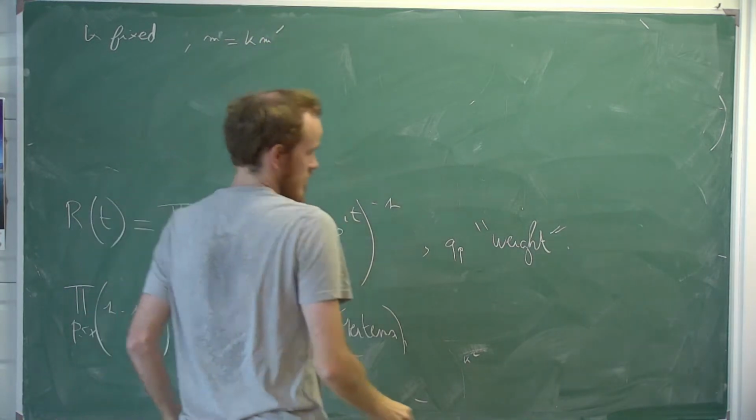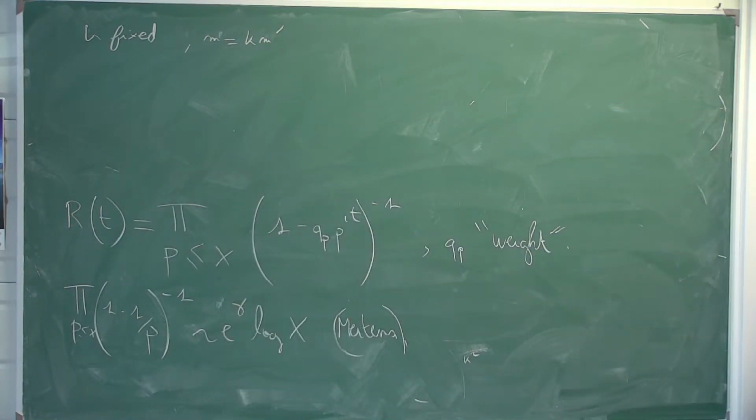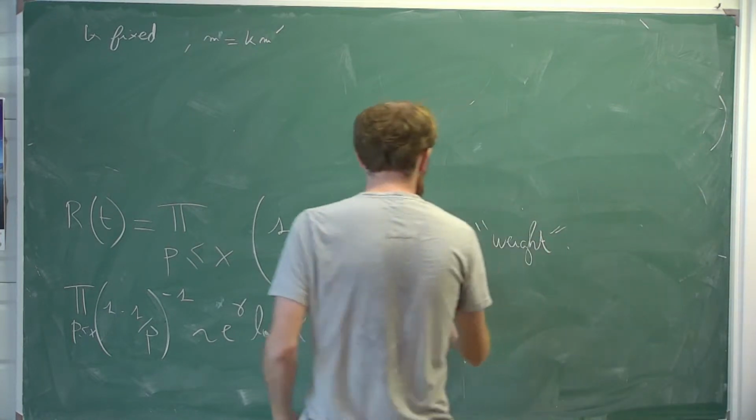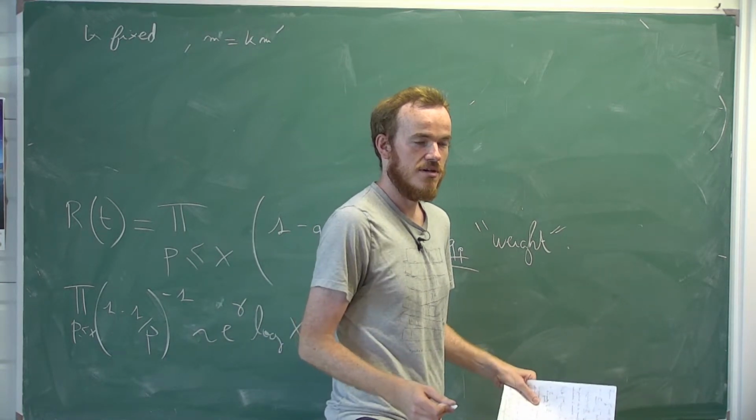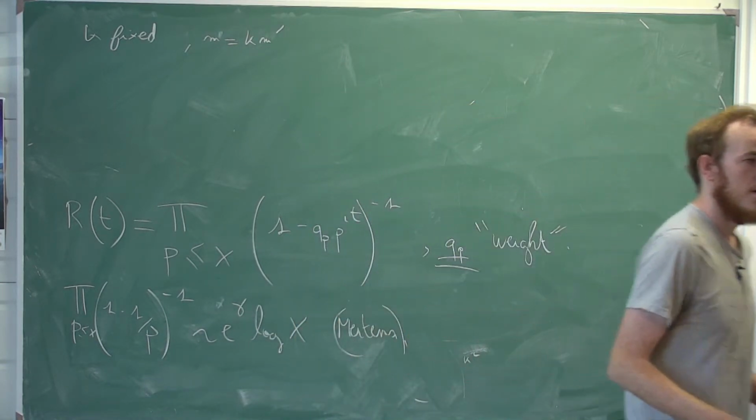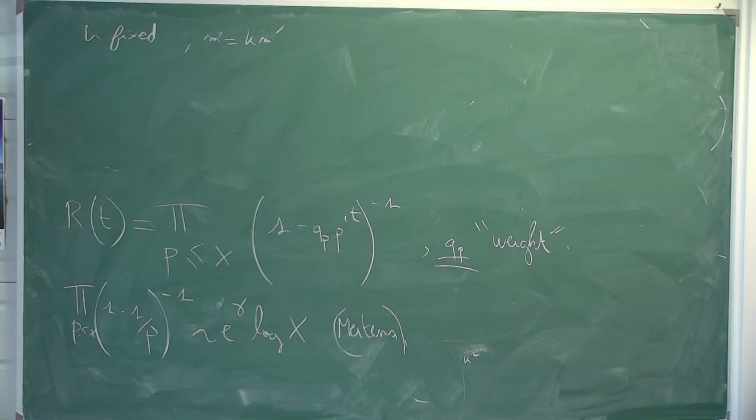Sorry, are the q's positive? Those coefficients are q_m. You define them for every prime, and these are just the multiplicative extensions. Are they positive? Yes, they're positive, of course.